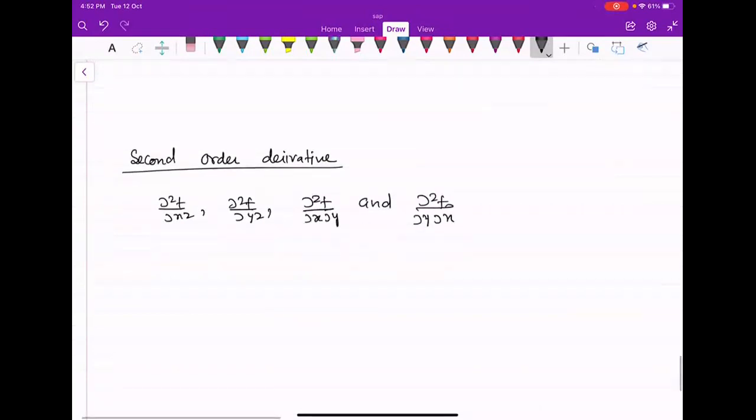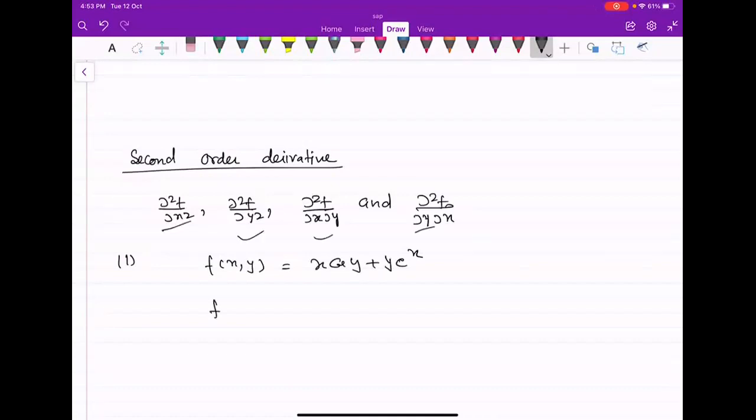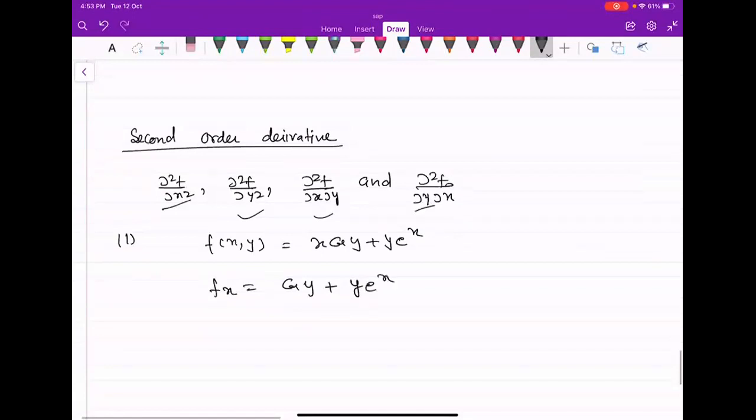Okay, so let us do one example. f of x comma y equals x cos y plus y e raised to power x. Now compute all these terms for this function. So fx is cos y plus y e raised to power x.